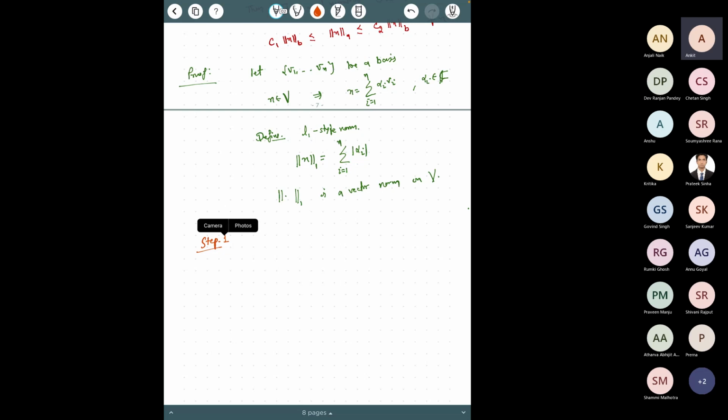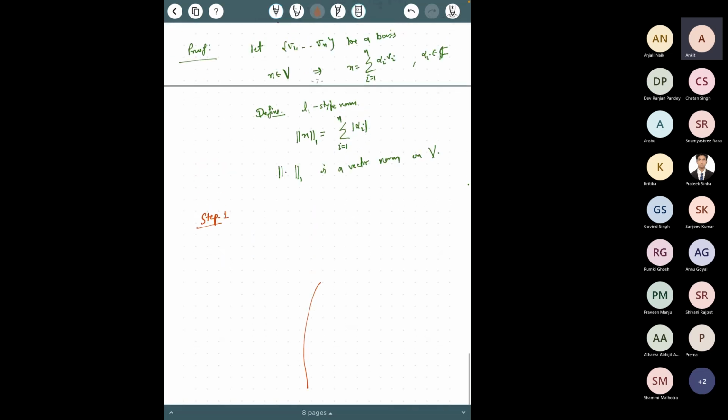So the first step, let me write this here: we'll prove the result in 4 steps, for your records. Step 1 is that I will show that every norm is equivalent to this one norm, the norm which I have defined here.